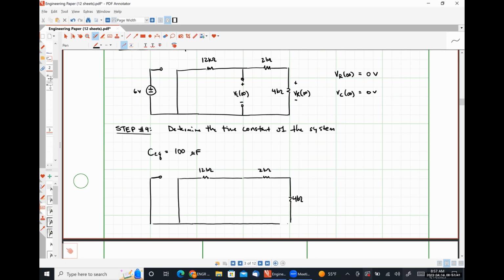And what we are doing is finding the Thevenin equivalent resistance with respect to that energy storage element, which means we take the capacitor out and look in through the terminals that our capacitor left behind. So what is the resistance that we see?